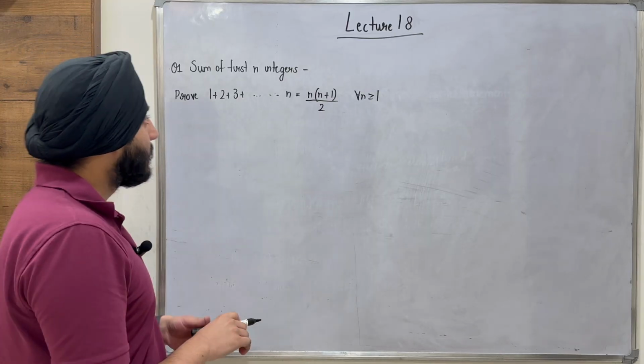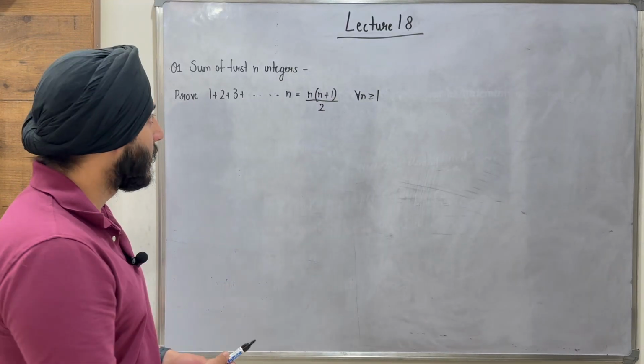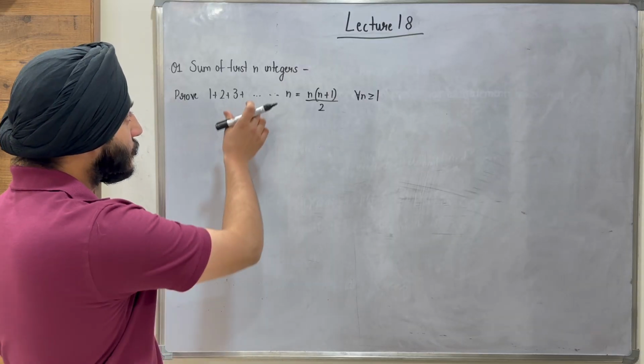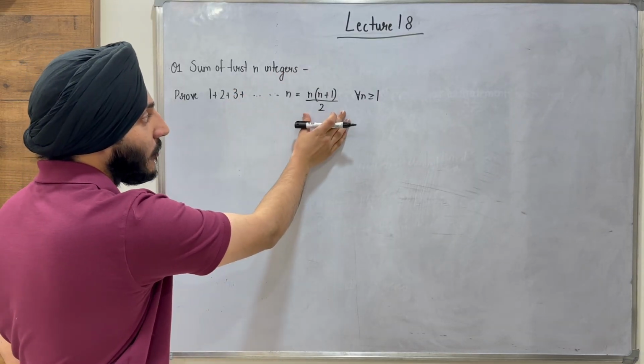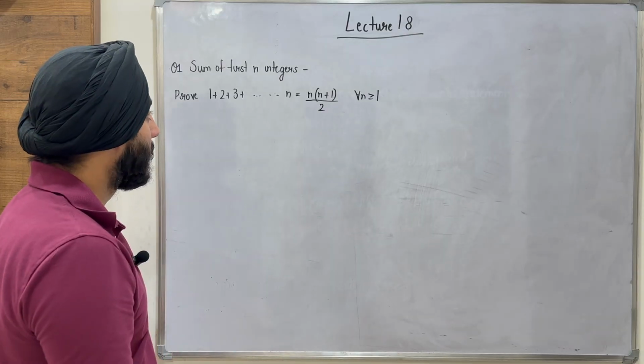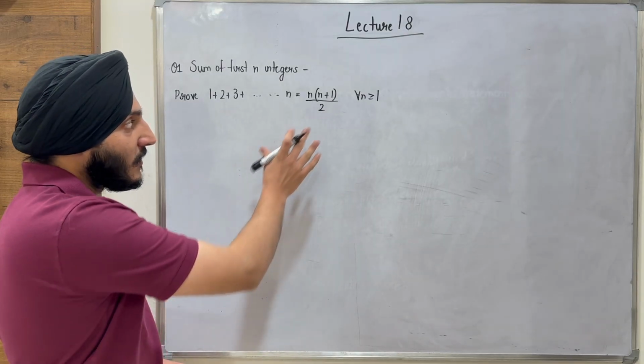Okay, now let's try to make this proof using weak induction. We're supposed to prove that the sum of the first n integers is equal to n(n plus 1) divided by 2. This is actually a true statement.